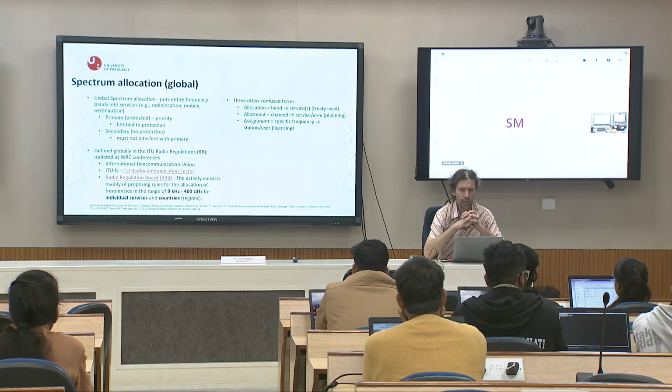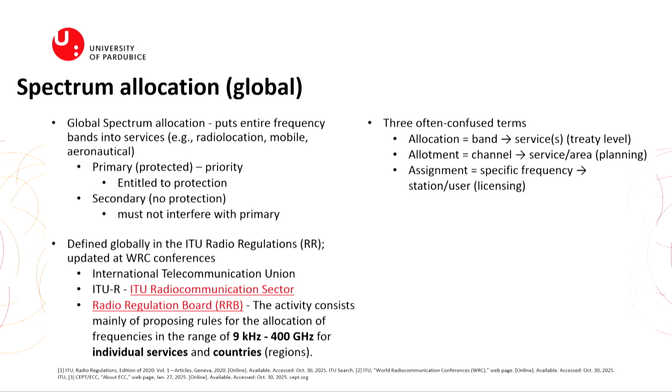This ITU, the International Telecommunication Union, is divided into many different sectors, but we are interested now only in ITU-R, the radiocommunication sector, and part of this sector is the so-called Radio Regulations Board. And this board proposes rules for the allocation of frequencies.